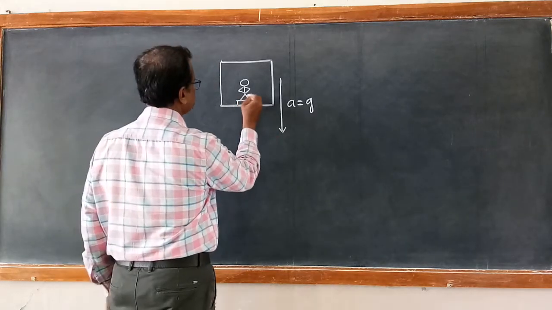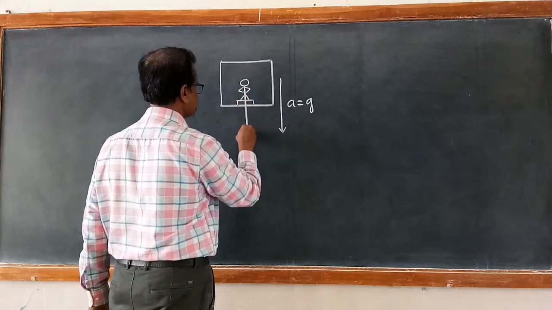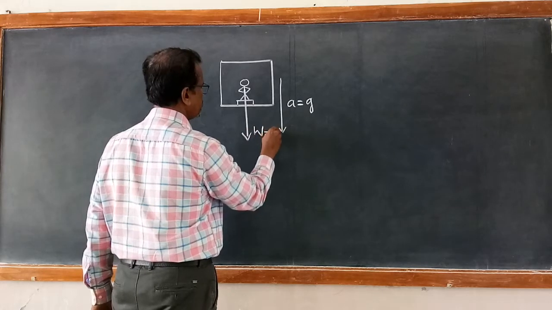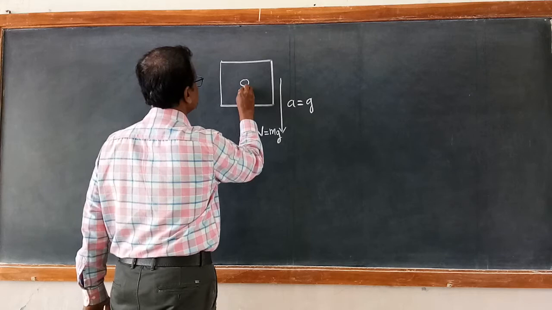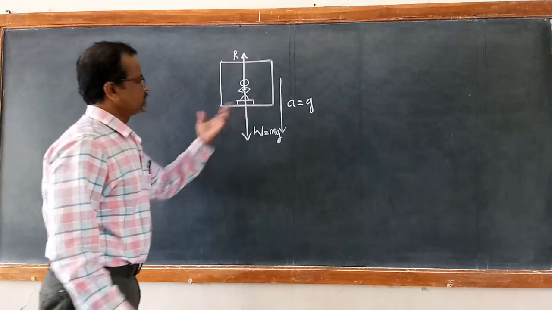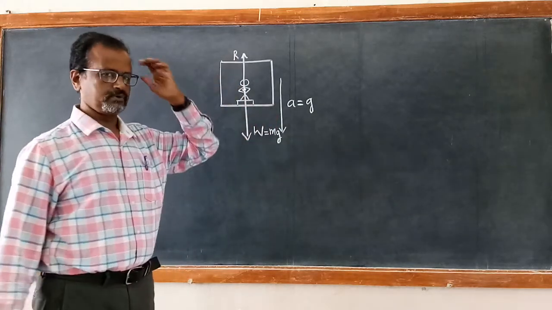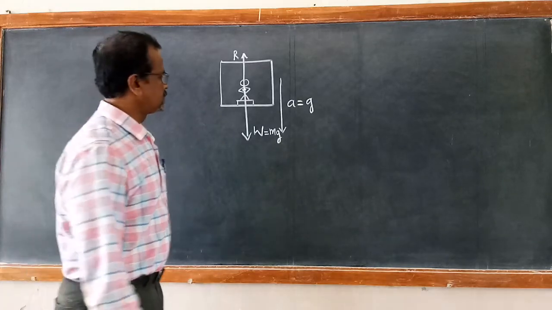So if you draw the free body diagram, then the weight of the person is vertically downwards, that is W equal to mg, and the reaction is vertically upwards. The reading of the weighing scale is nothing but the normal reaction force. That's what we need to calculate.